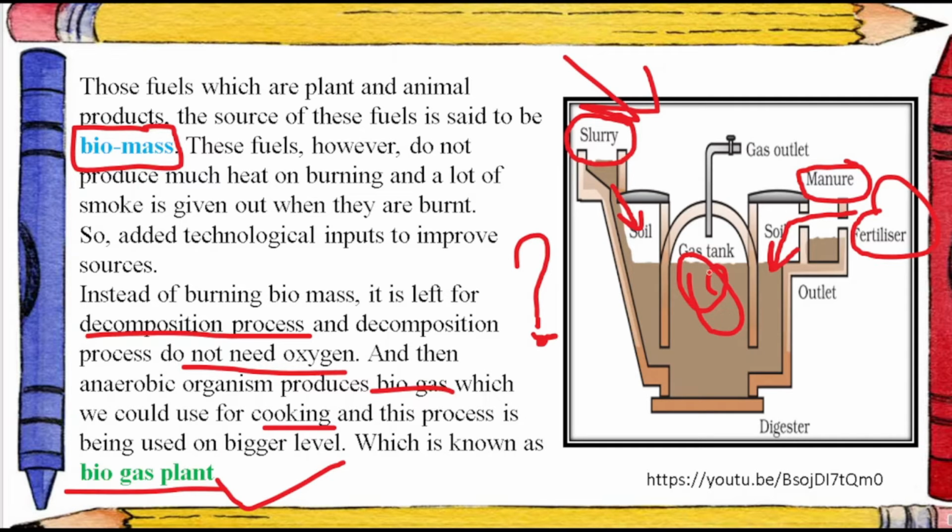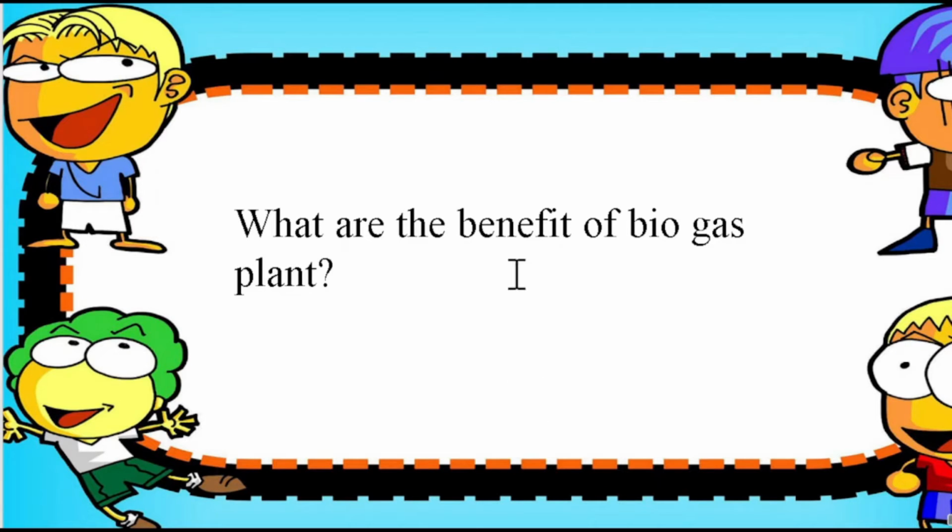They have also given a gas outlet, so whenever we want to use that gas, we can use it through this gas outlet. From time to time we have to fill in and change the slurry, and we can also do that.